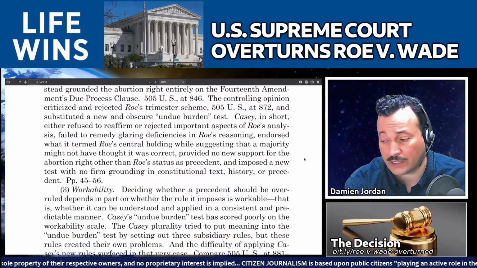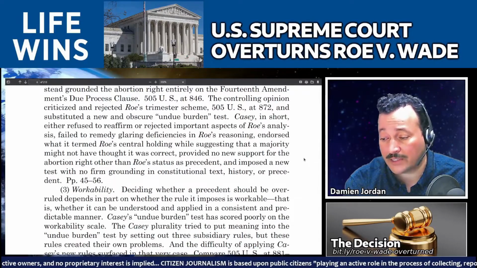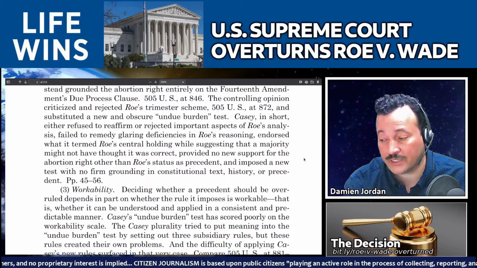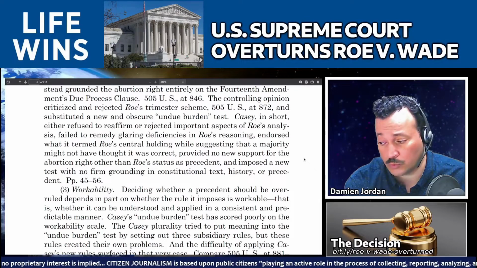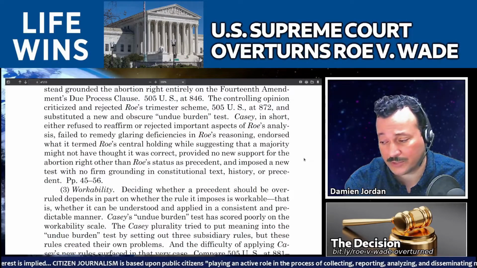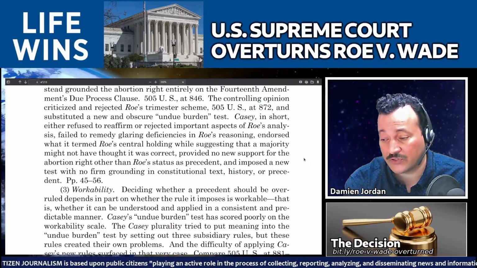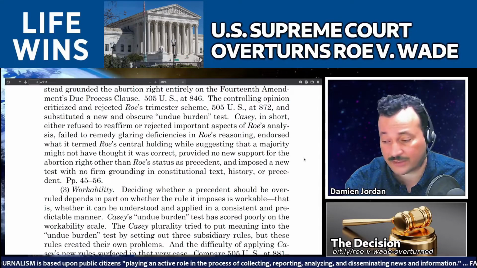The Casey plurality tried to put meaning into the "undue burden" test by setting out 3 subsidiary rules. But these rules created their own problems, and the difficulty of applying Casey's new rules surfaced in that very case.